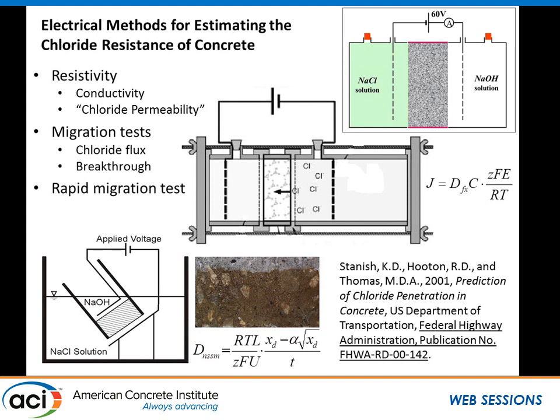But we have done a lot of work on migration tests where we actually measure the physical chloride movement under an electrical gradient. Doug Hooton and myself worked for the Federal Highways on developing a rapid migration test as well. And a lot of that work has been published in Kyle Stanish's thesis and also in the Federal Highway report as well. So again, I'd be happy to pass that on if you wanted to track down some of that information.